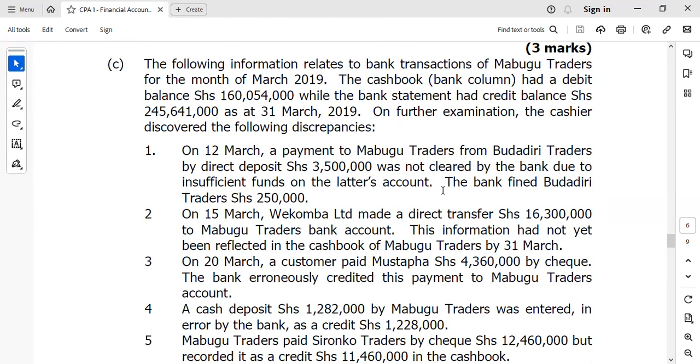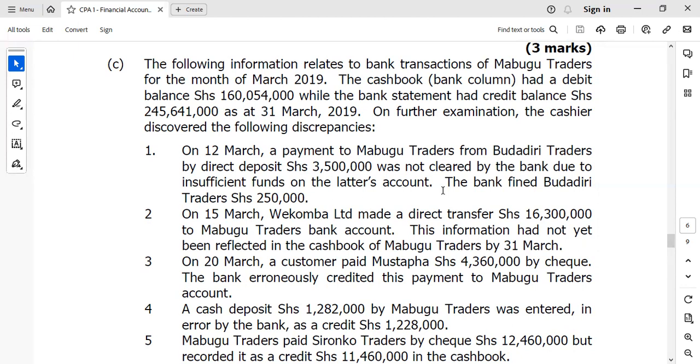The following information relates to the bank transactions of Mabugu Traders for the month of March 2019. The cash book, bank column. Don't forget, under bank reconciliations, whenever we talk about the cash book, we are referring to the bank column of the cash book.